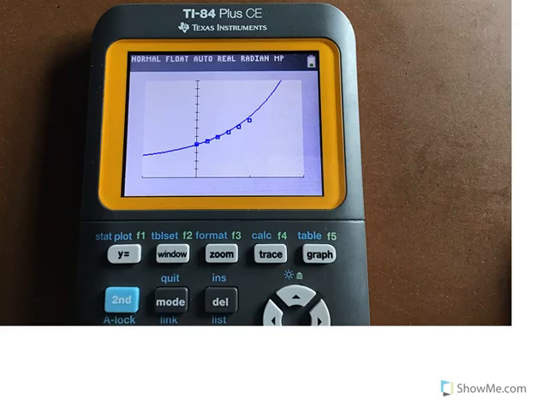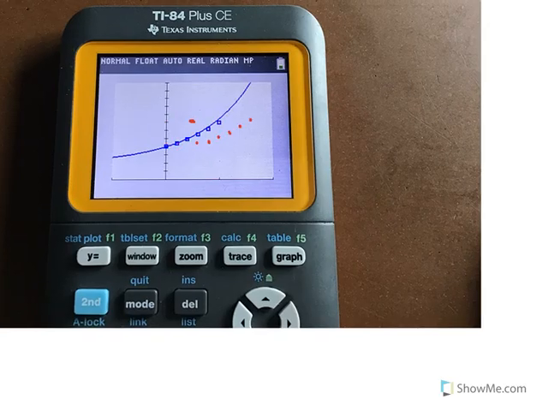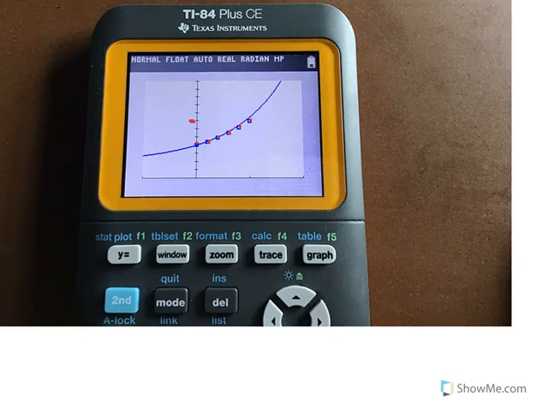Those are the ordered pairs that I generated: 0, 0.2, 0.4, 0.6, 0.8, and then 1. What we're looking for is just the y value. The answer that we got was this y value right up there, and that's what the problem is asking us to find.